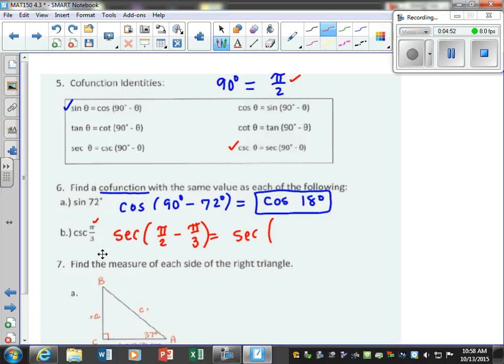I'm going to go ahead and show this step of a common denominator between the two fractions. So it's going to be the same as secant of pi over 6.